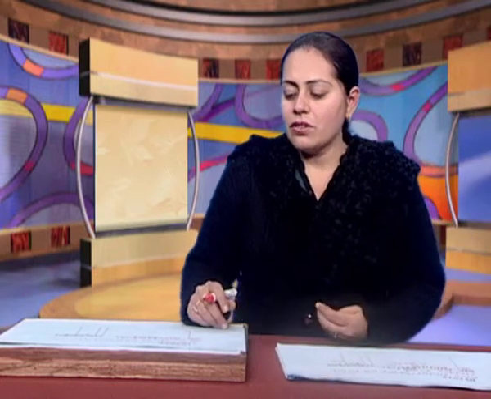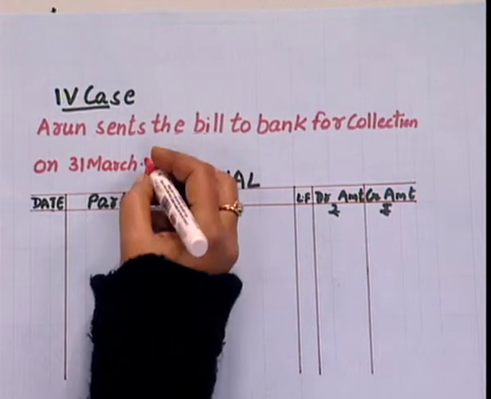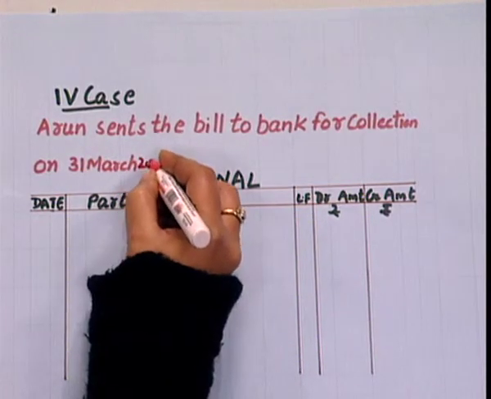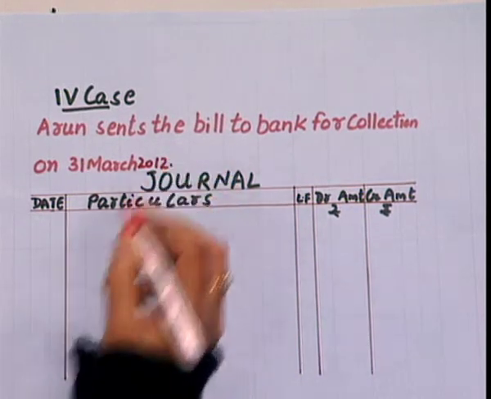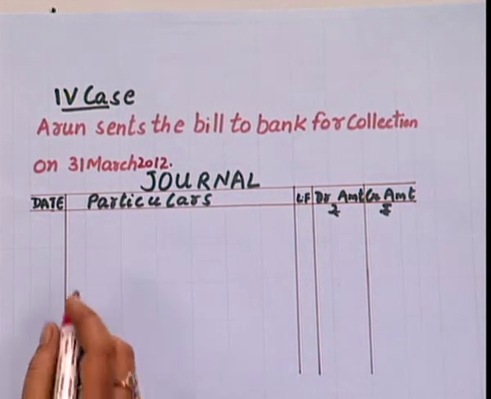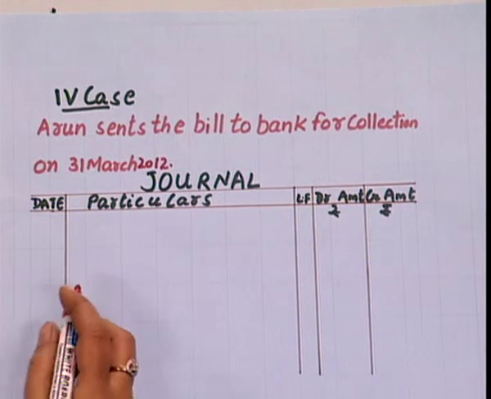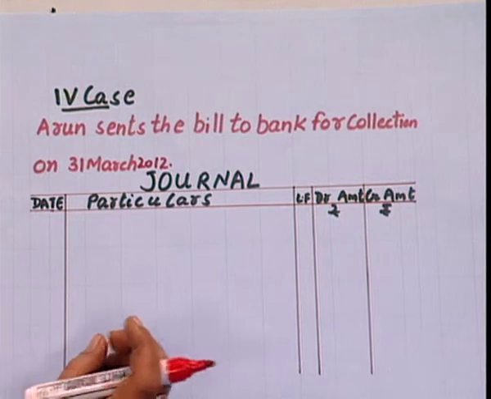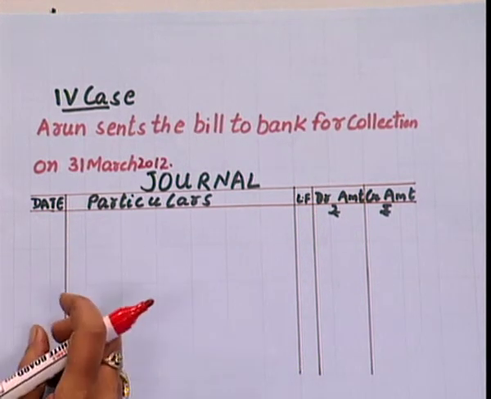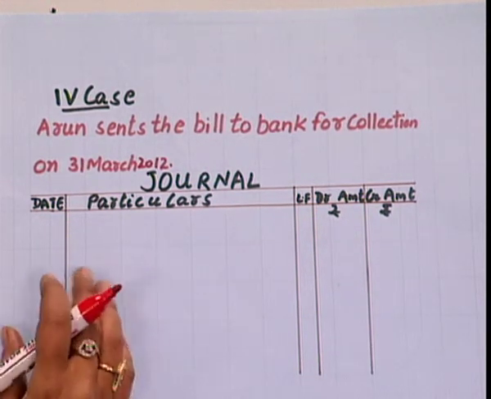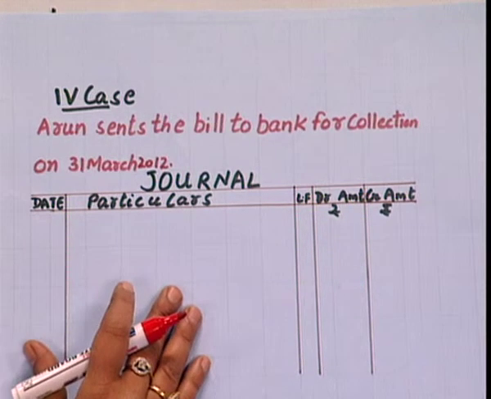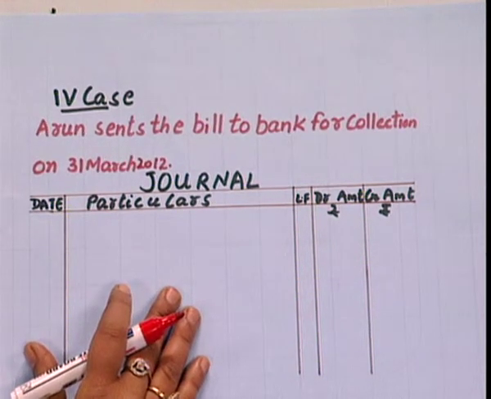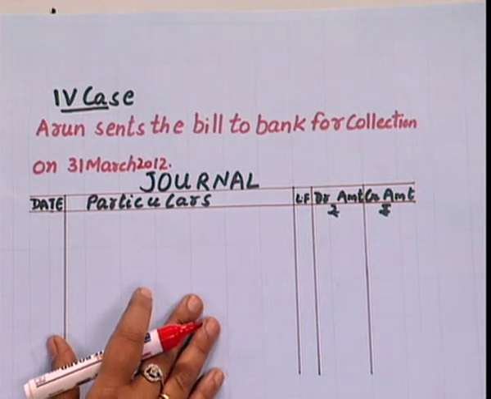Fourth case, Arun sends the bill to the bank for collection on 31st March 2012. If you remember, a bill was made on 1st January, it was for 3 months plus 3 days grace period will be added. That means the maturity date will be 4th April. Before the maturity, Arun has sent the bill to the bank for collection.